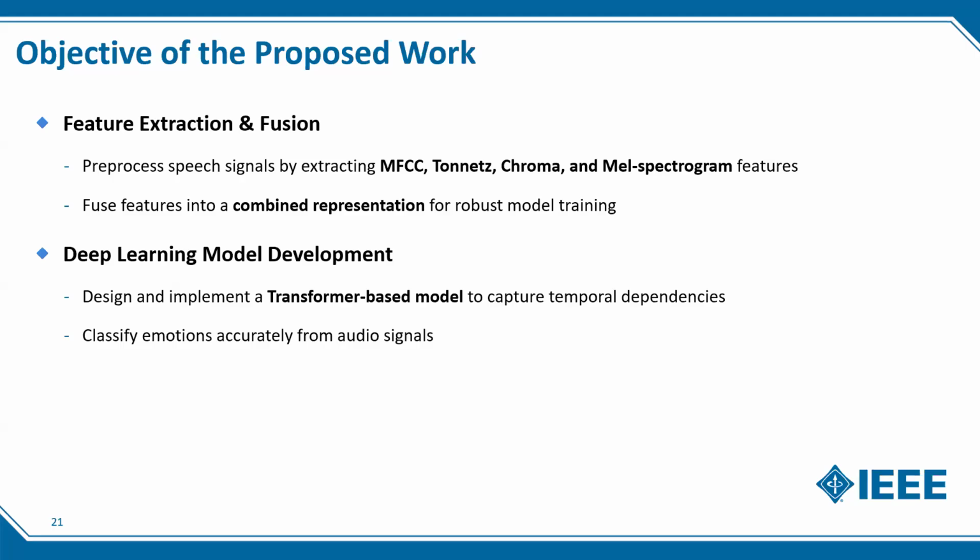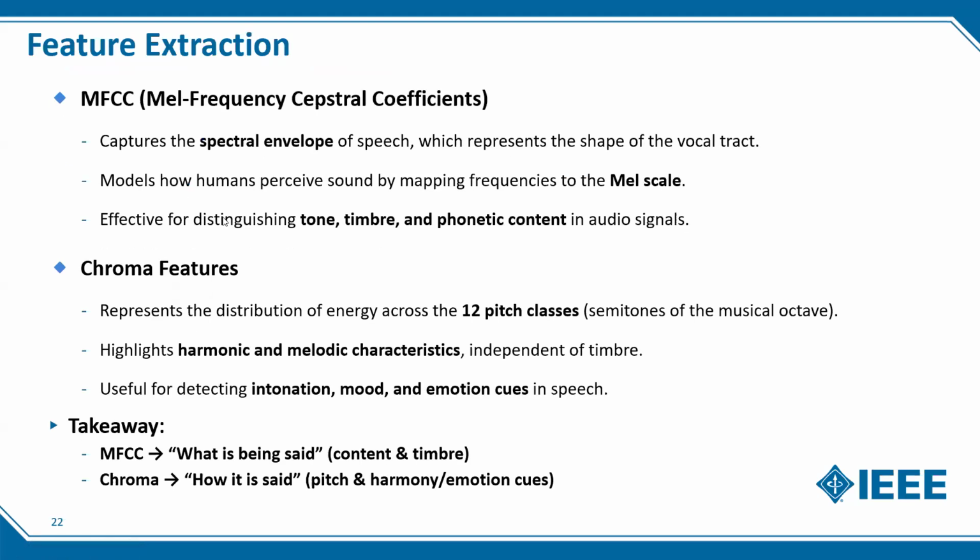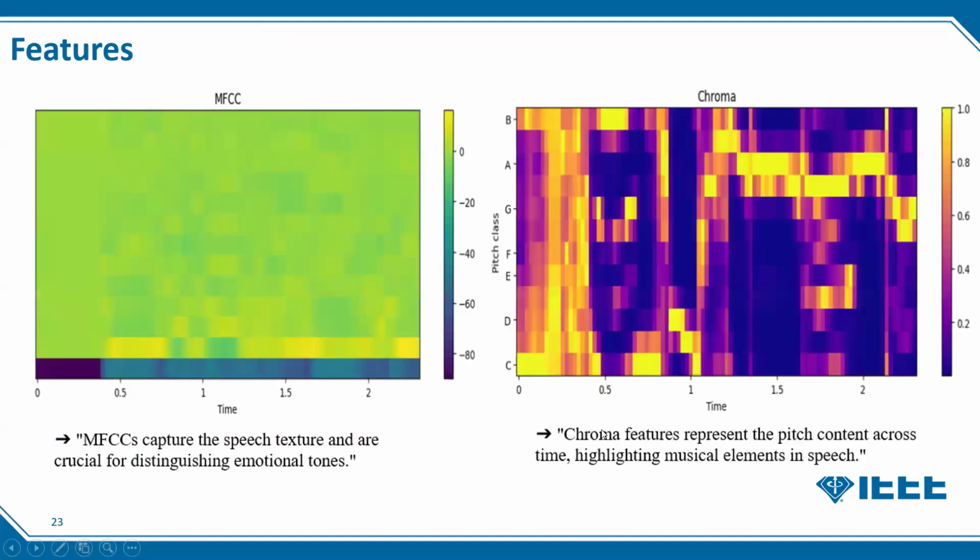So these 4 features we have considered, and we have employed a transformer model to capture the temporal dependencies. MFCC captures what is being said, and chroma represents how it is said, that is, the pitch or harmony of the emotional cues.